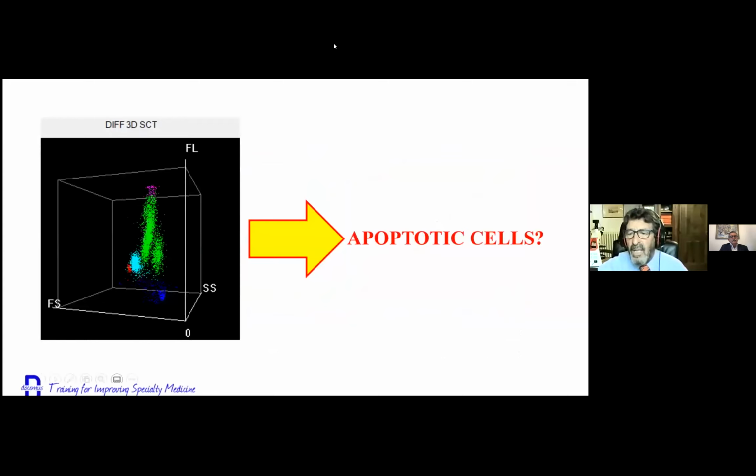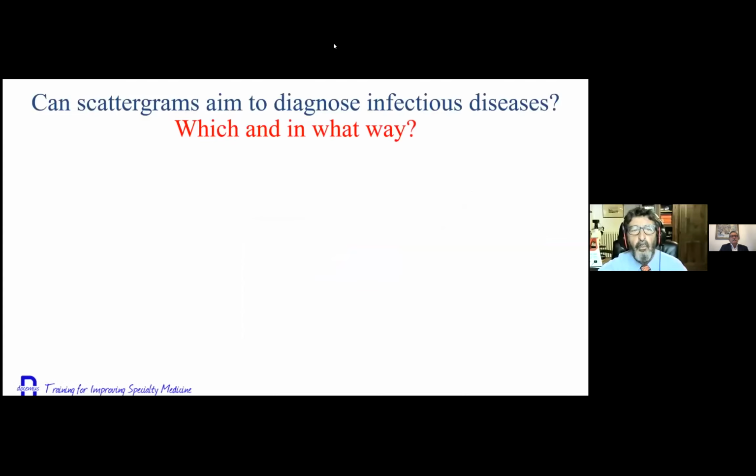Furthermore, the presence of a cluster of apoptotic cells should be accompanied by a specific flag that could alert the microscopic review by those laboratories, because unfortunately there are too many laboratories that neglect the display of instrumental cytograms for diagnosis purposes.